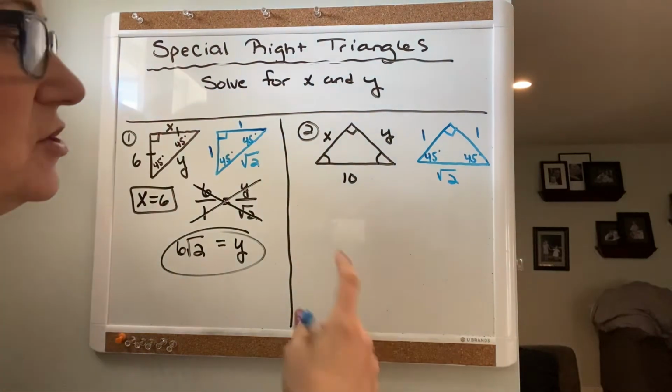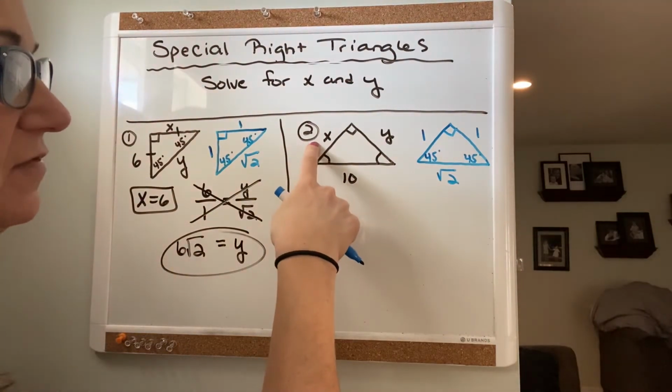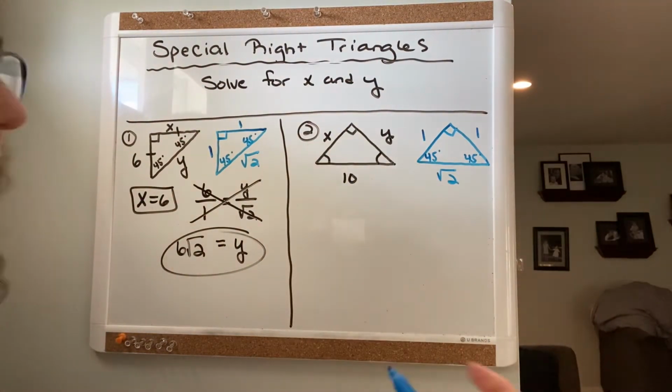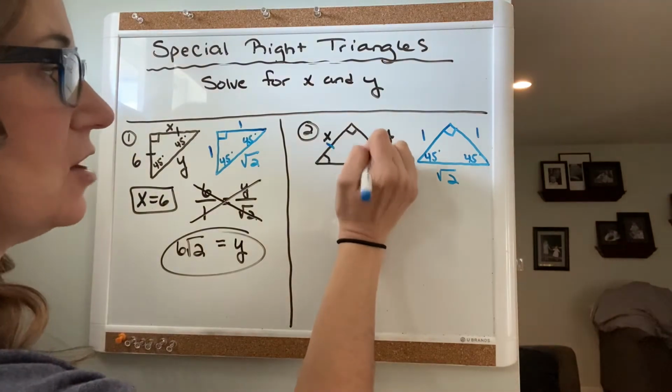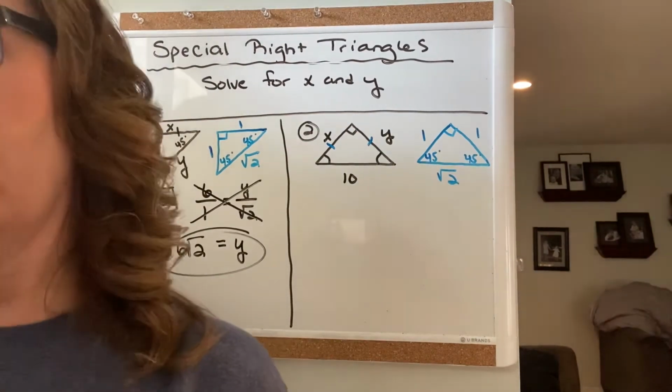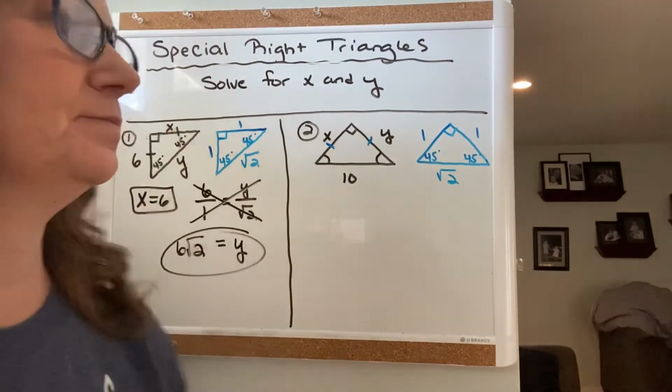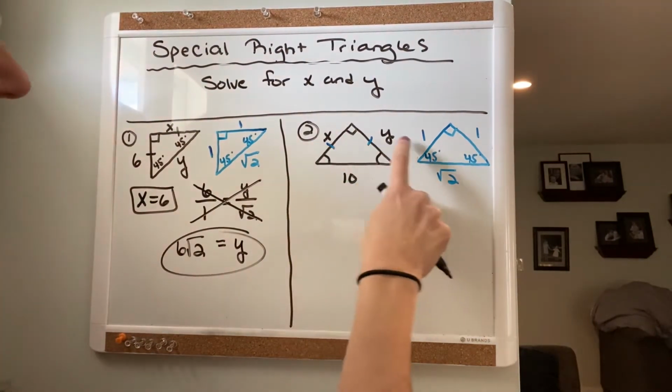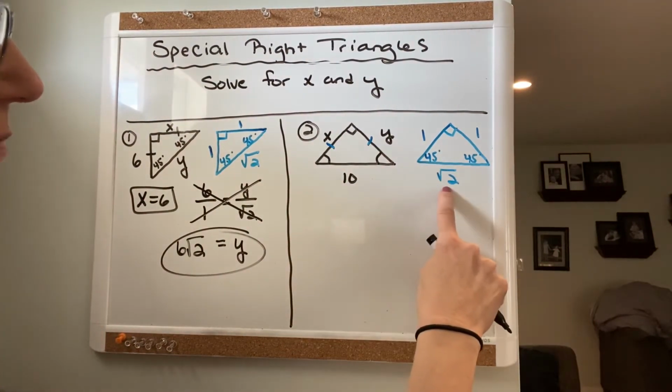This is nice too, because if we solve for x, don't we automatically know what y is? The legs are equal to each other. They're congruent. So if you find one, you have the other. You really only have to do one proportion. Leg is to leg as hypotenuse is to hypotenuse.